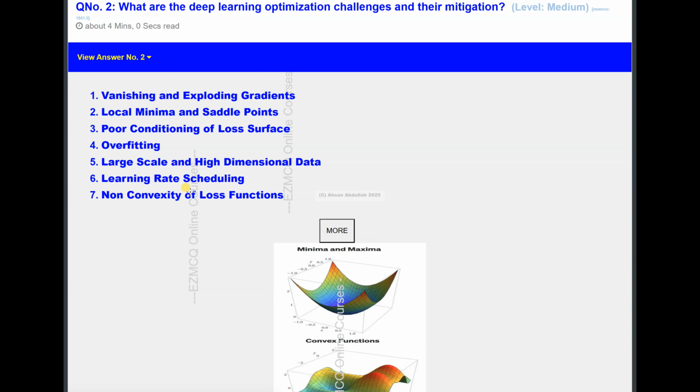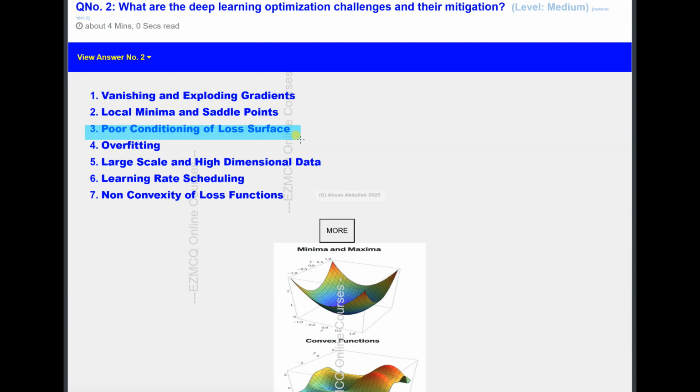Then there is the poor conditioning of the loss surface. Now try to understand, when the loss surface has steep slopes. Steep slopes mean that the gradient is very high, not in all directions but in some directions, and flat areas in others, so nearly zero gradient. So it is called poorly conditioned. What is the consequence?